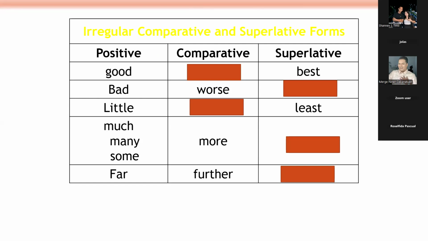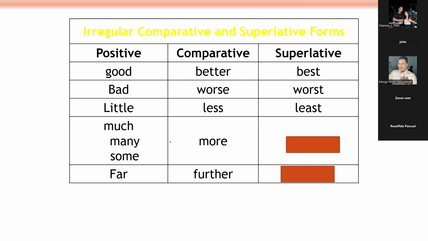Good, better, and the superlative form is best. How about the word bad? Worse and worst. Little, less, and least. Much, many, some, more and most, far, further, furthest.